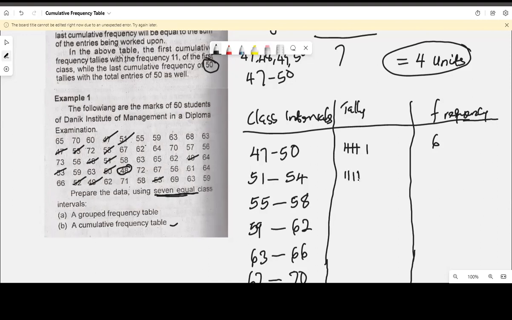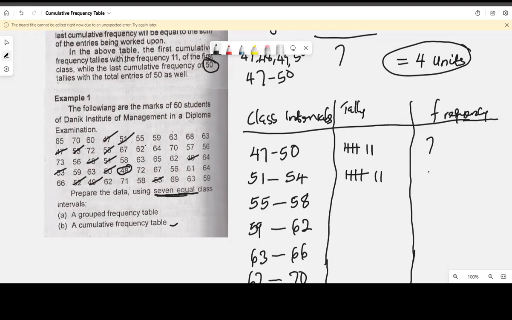Because of the one we omitted, 48, the first interval is 7, not 6. So let's correct it. 7. It's good you can cross-check your work, but it's very easy to make mistakes here.